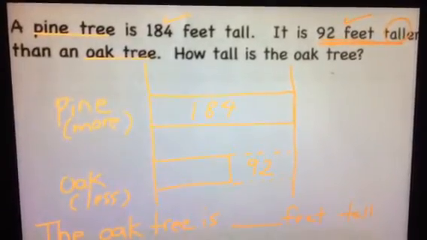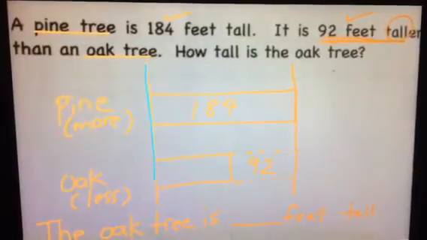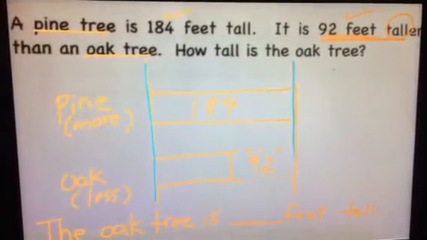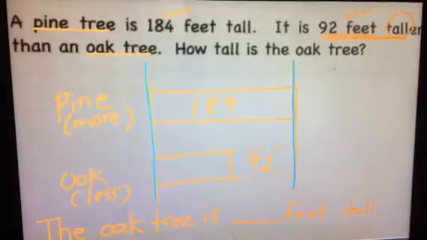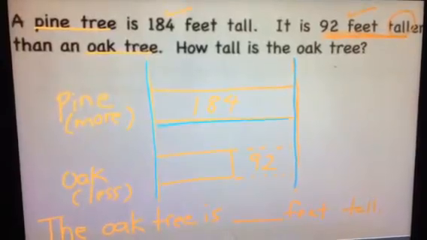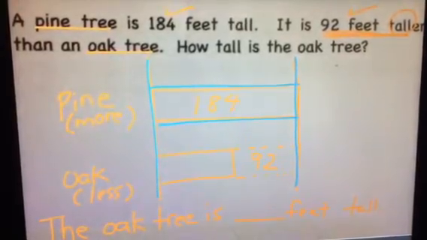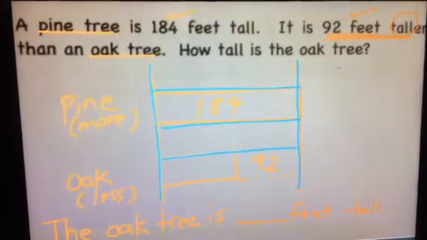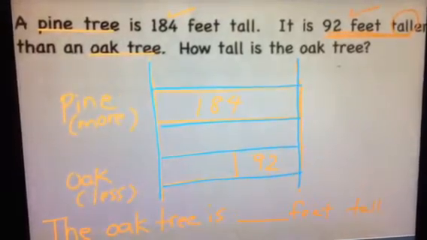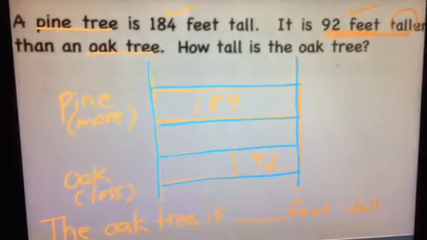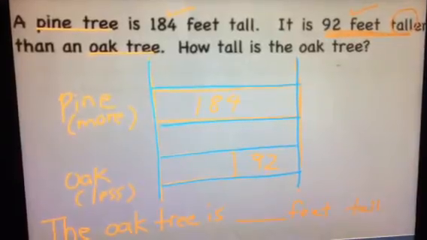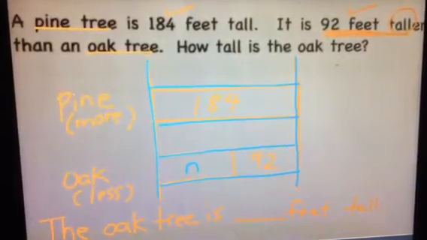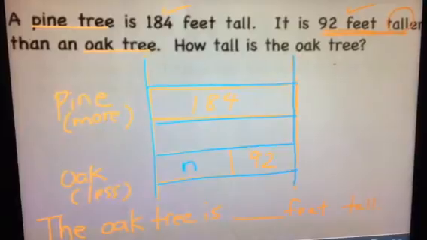Now, I want you to notice where the beginning line is and where the ending line is. You see that this represents 184, which means this also has to represent 184 because it has the beginning line and the ending line. And this little area right here is our unknown letter N.